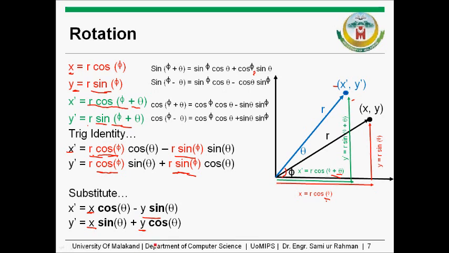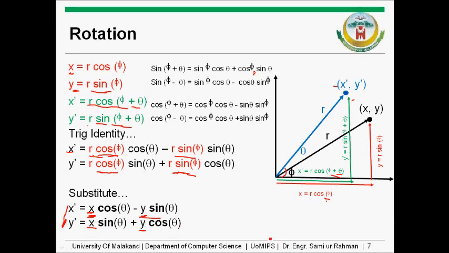Now what are x prime and y prime? This is the point. The x prime and y prime represent the point after rotation, and these values, x and y, are the values before rotation.